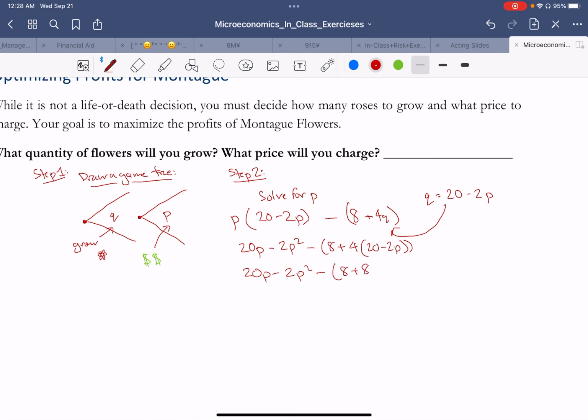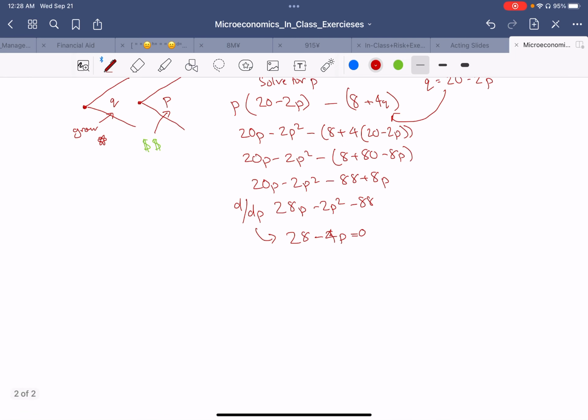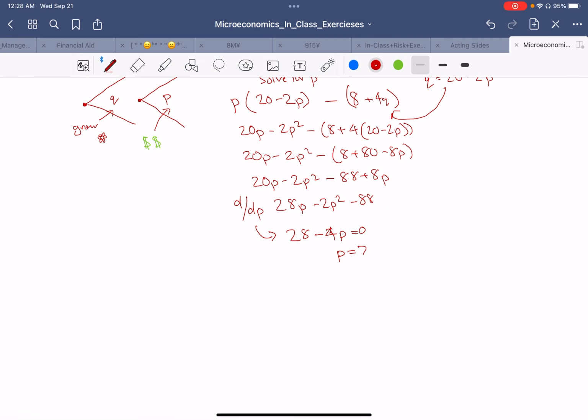I'll do it here. 80 minus 8p. So now you have 20p minus 2p squared minus 88 plus 8p. Then you have 28p minus 2p squared minus 88. So now we're going to go ahead and stick a derivative on there. And then we get 28 minus 4p is equal to 0. And then you do p is equal to 7.